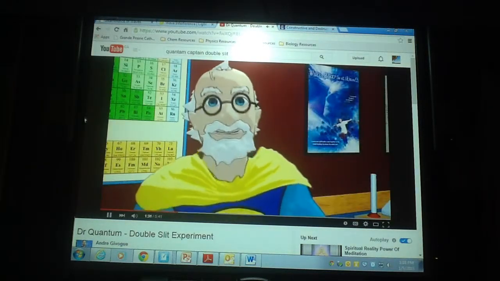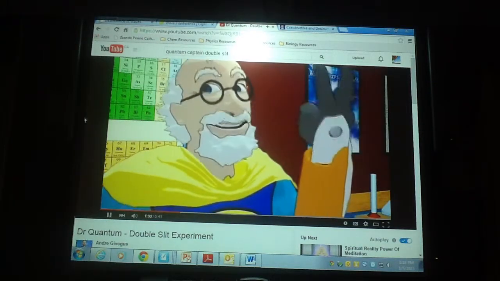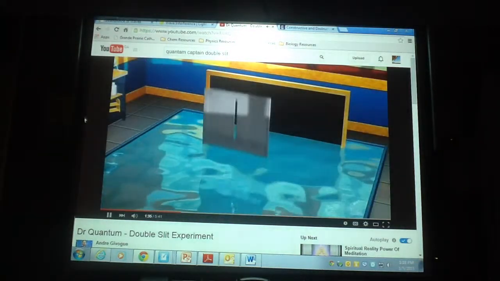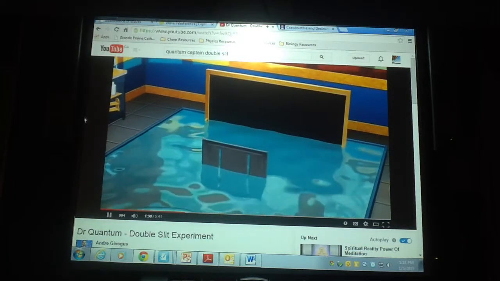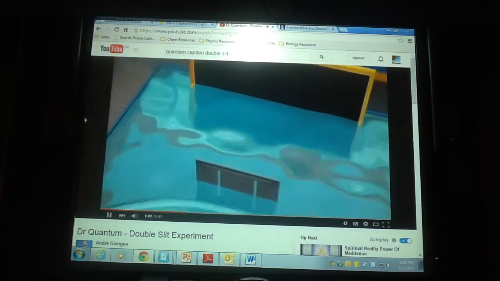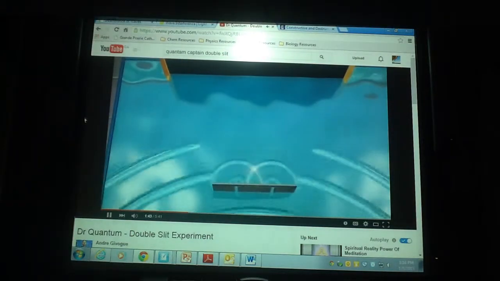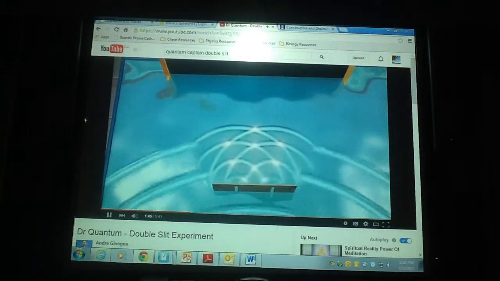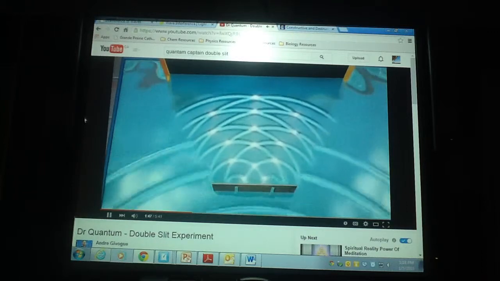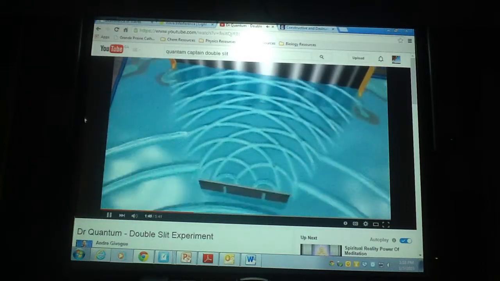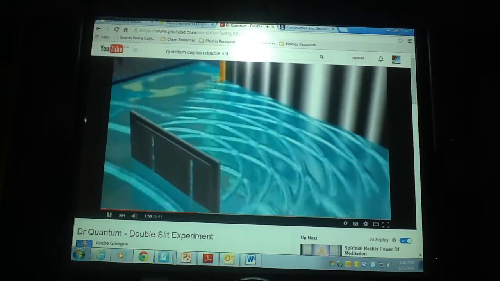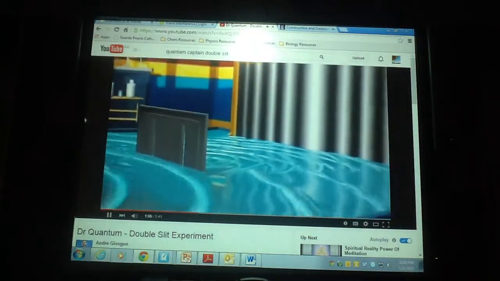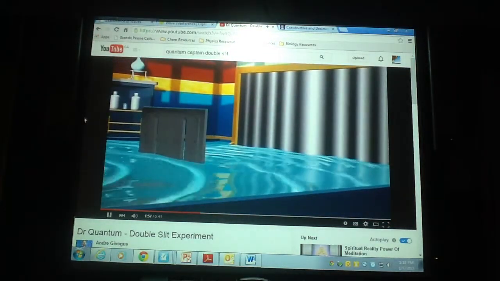But when we add the second slit, something different happens. If the top of one wave meets the bottom of another wave, they cancel each other out. So now, there is an interference pattern on the back wall. Places where the two tops meet are the highest intensity, the bright lines, and where they cancel, there is nothing.